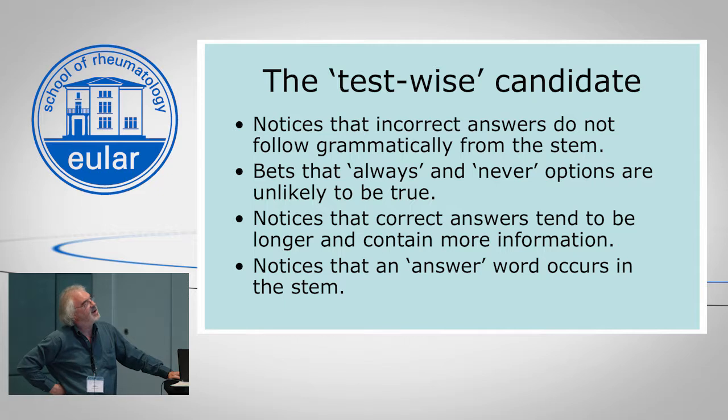The test-wise candidate notices that incorrect answers do not follow grammatically from the stem. That's a relatively unusual thing, I have to say. They bet that always and never options are unlikely to be true. They notice that correct answers tend to be longer and contain more information, and they maybe notice that an answer word occurs in the stem.